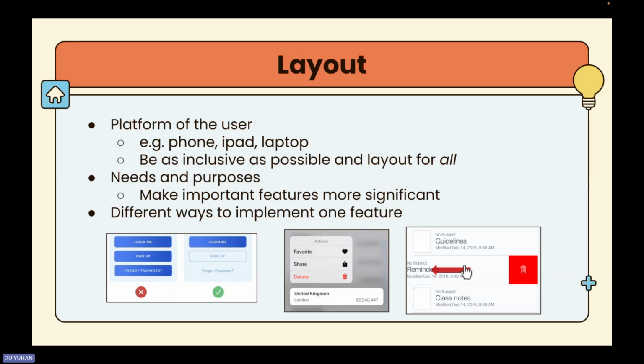But even if you're designing something as specific as an Android app, there are many different kinds of Android screen sizes, and you need to consider all of them if you have the time. And if you don't, which is common among student developers like yourself, what we need to do is consider the needs and purposes of your audience.